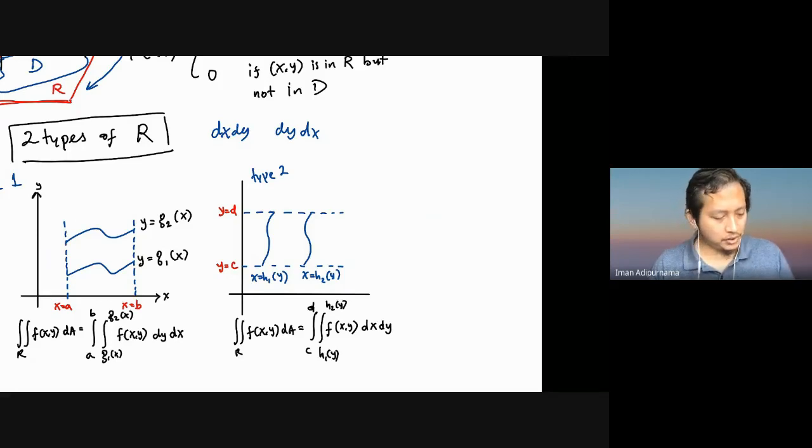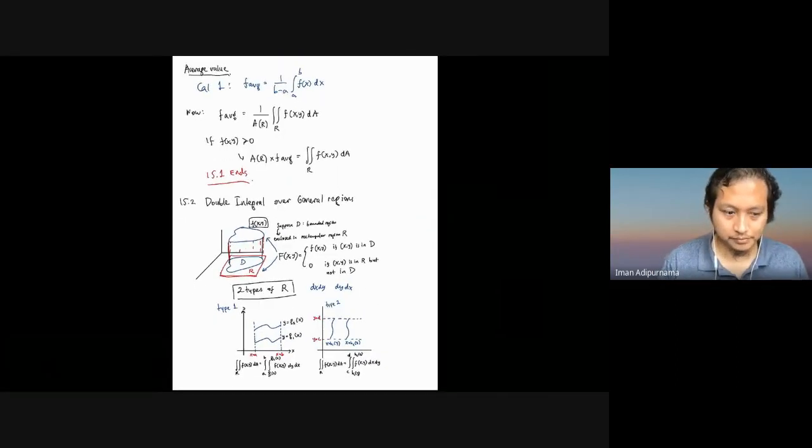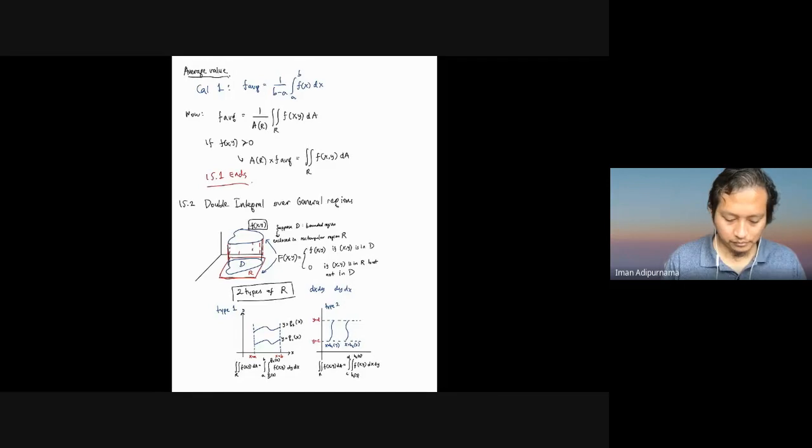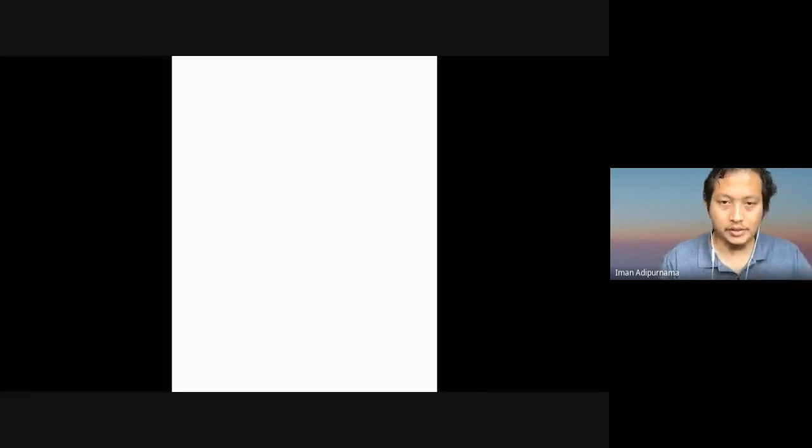There are some examples in the textbook as well, but let me just give you examples about type 1 and type 2 and how to use them in more practical terms.